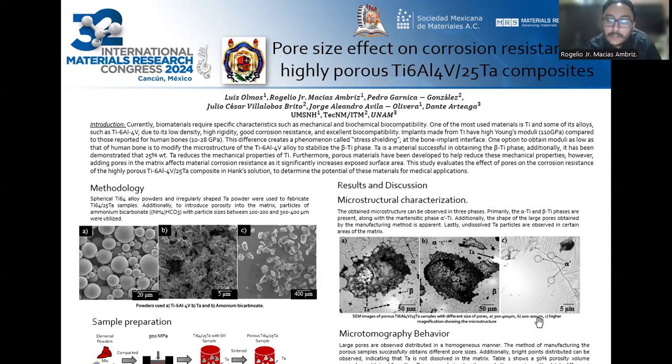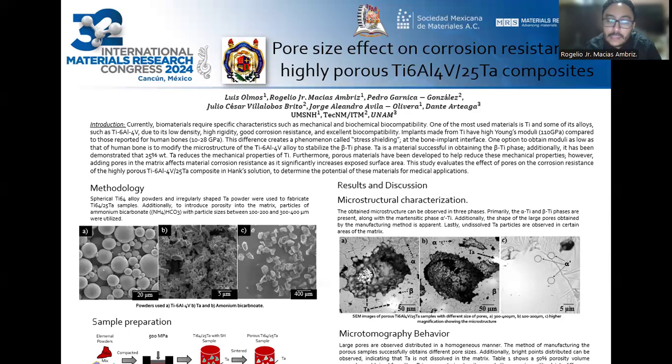One of the most commonly used materials as a biomaterial is titanium 6 aluminum 4 vanadium. This alloy has good properties such as low density, good corrosion resistance, and high rigidity. However, one of the problems is that it has a high Young's modulus of 110 gigapascals.